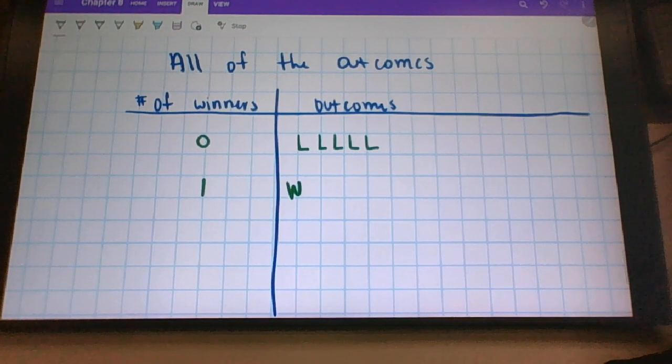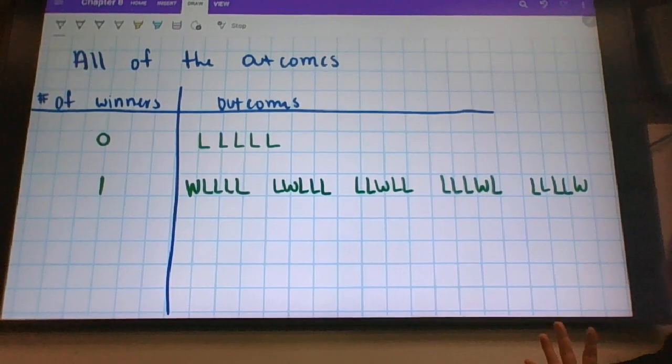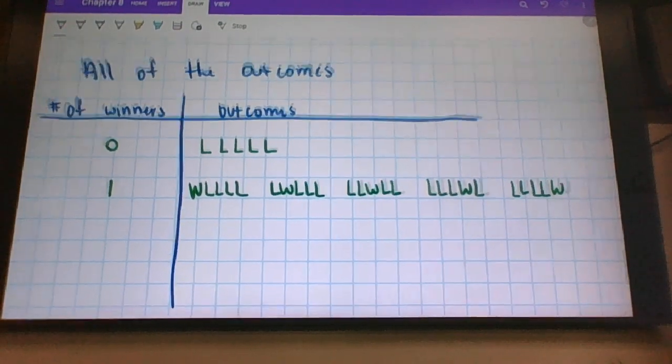Maybe they win on the first day. Maybe they win on the second day. Maybe they win on the 3rd day, 4th day, 5th day. Alright. So far I'm at 6 possible outcomes.